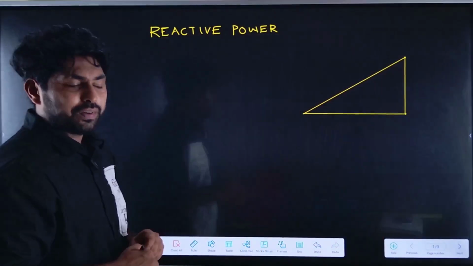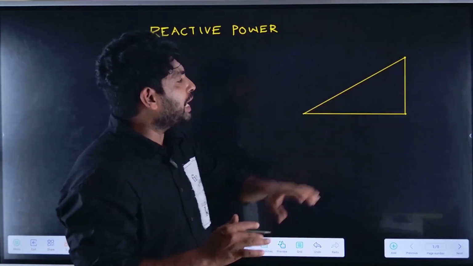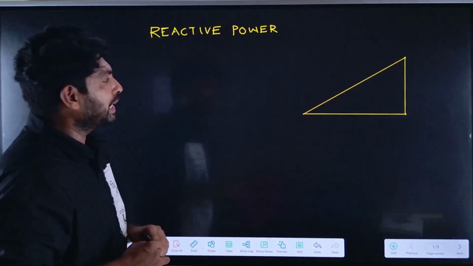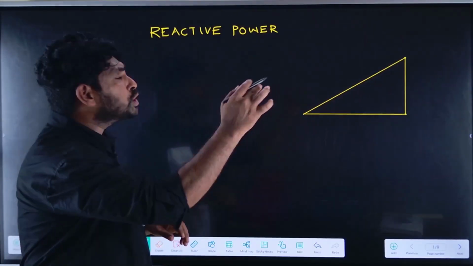What is reactive power? Let me start with the power triangle. Very basic is the power triangle. So we have the different powers in electrical engineering. What are those powers?